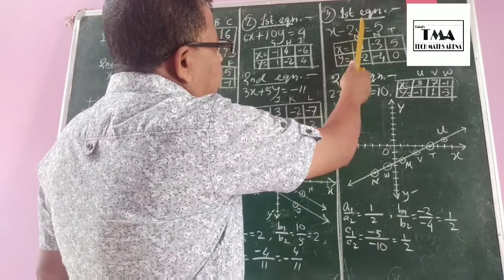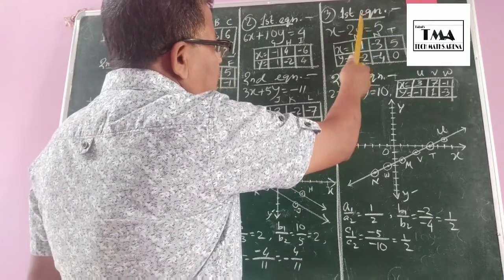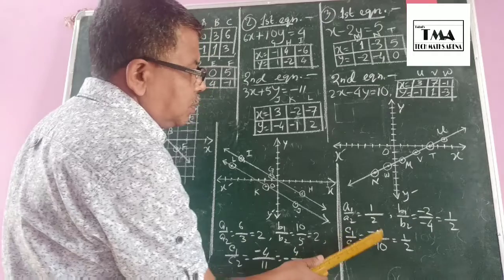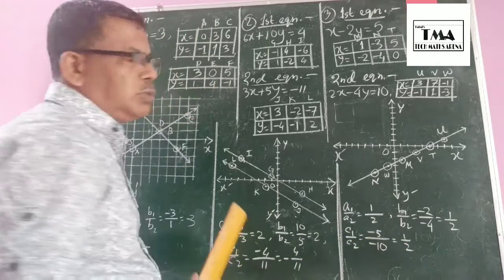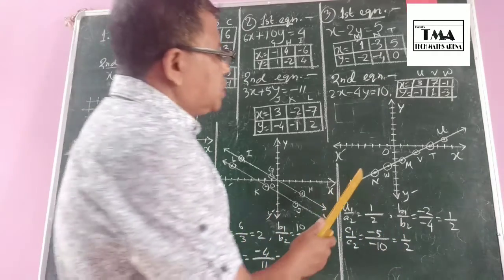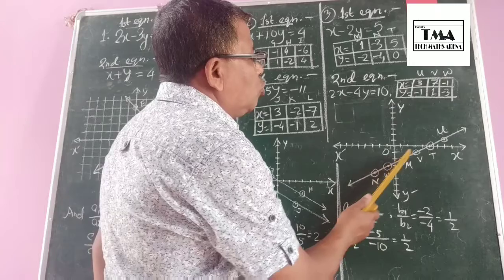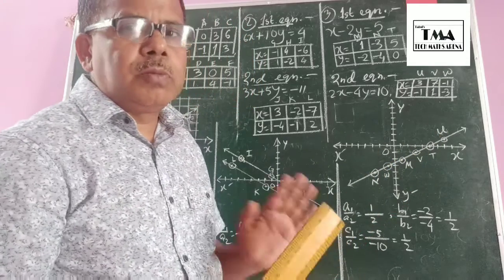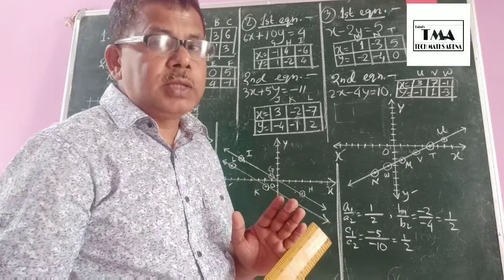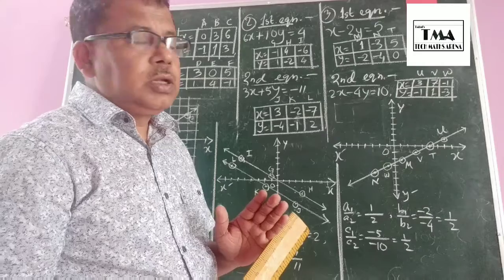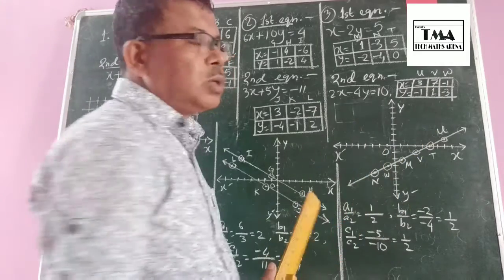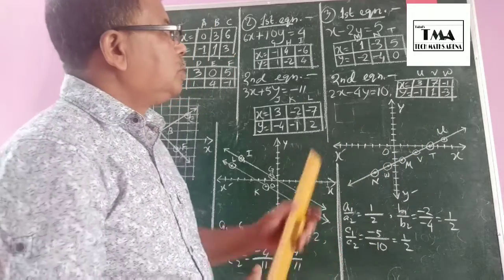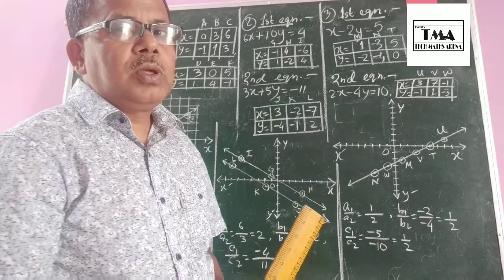But now, after changing it into standard form, minus 5 by minus 10, again we have got 1 by 2. And we have seen also that there are innumerable common points of these two lines, isn't it? So there will be innumerable solutions, or many solutions, of such two equations.